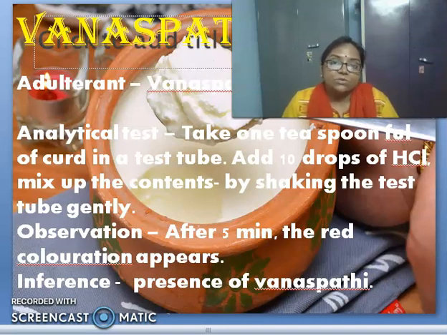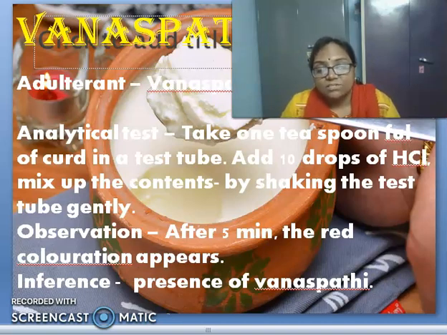When you are at home and you have a doubt about adulteration, for example, if sodium chloride is adulterated, or if wheat flour is adulterated, or curd is adulterated, you can follow these tests and confirm the presence of adulterants in that particular food item. This is one way of detecting all these adulterations in food.